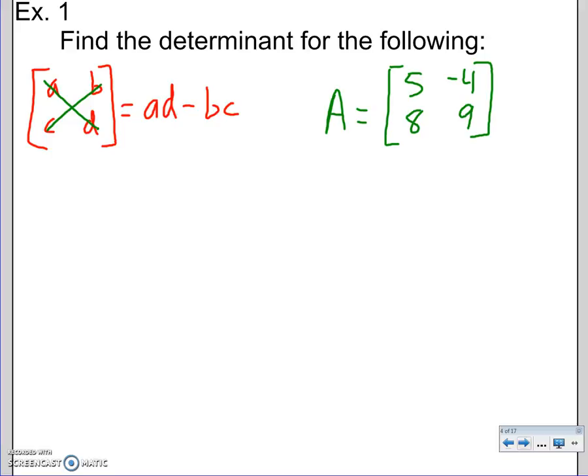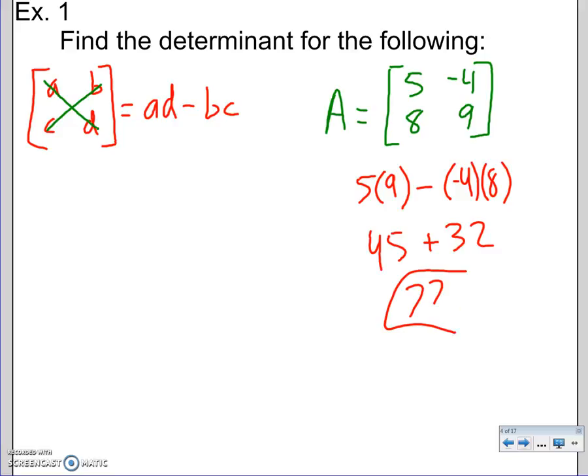Alright, so over here, A times D, that's 5 times 9, minus B times C, negative 4 times 8. Well, that is 45 plus 32. That gives me 77. That is the answer. Alright, so just multiply one diagonal, multiply the other diagonal, subtract them.